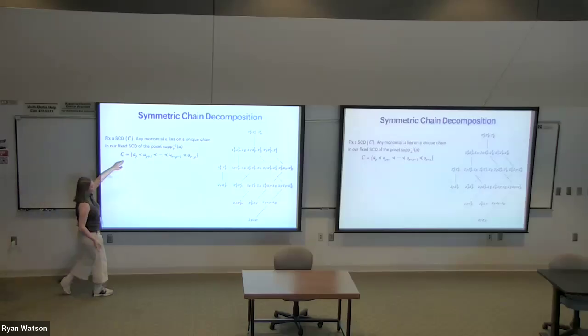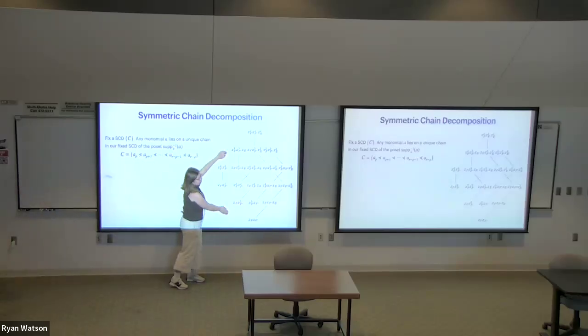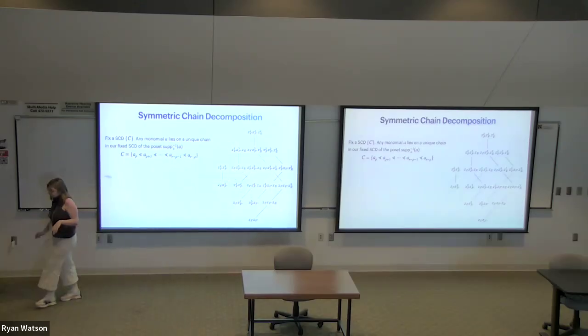So they're symmetric around the middle, right? If I contain the bottommost element, I have to contain the topmost element. And so every monomial lies on a unique chain because I've partitioned my subset.